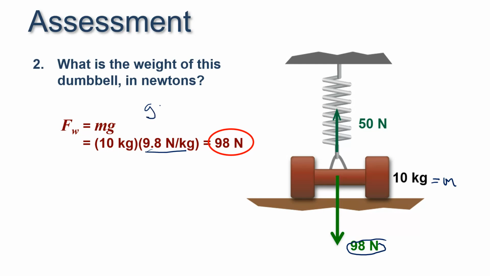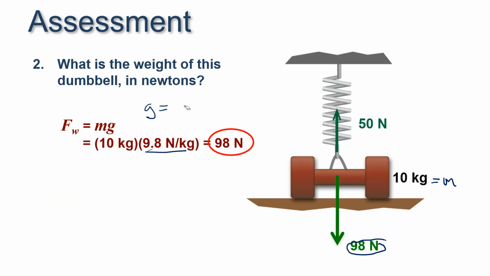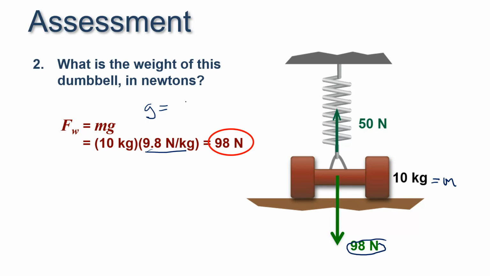Remember that g is equal to 9.8 meters per second squared. So that's the first part. So it's being pulled down this way, but this is being pulled up this way.